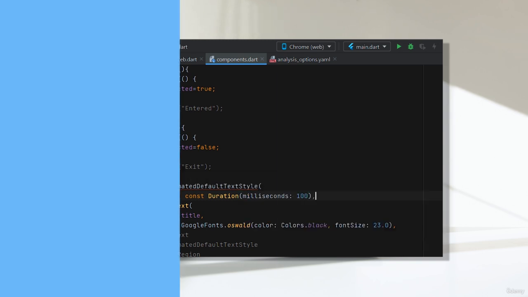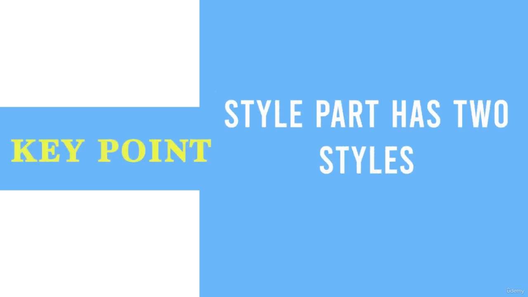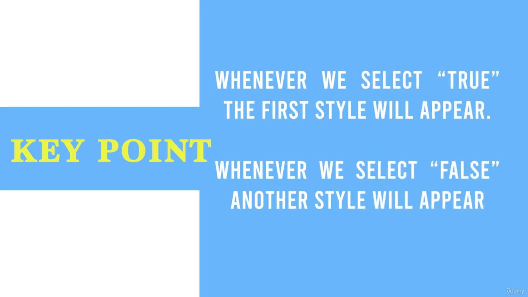When it comes to the style part, it will have two styles. Whenever isSelected is true, the first style will be there, and whenever isSelected variable is false, another style will show up.